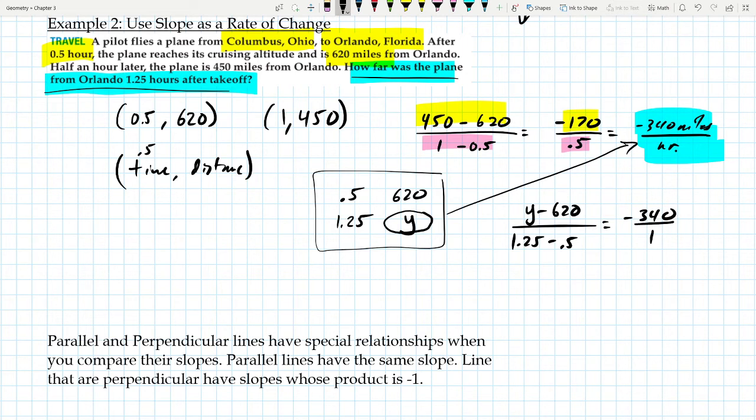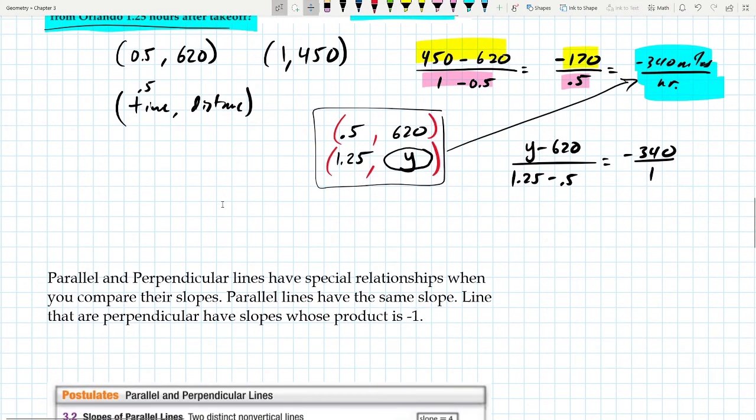And now you can see I just have a proportion that I have set up where I have to find the value y. All I did was made these two data points here into coordinates that I could plug back into the formula. Give myself a little bit of space to work with here.